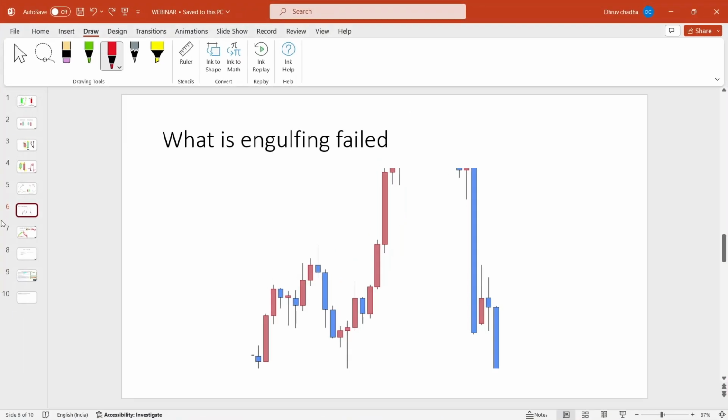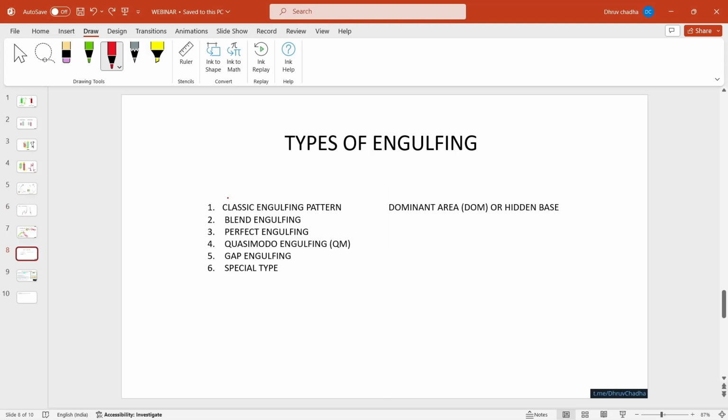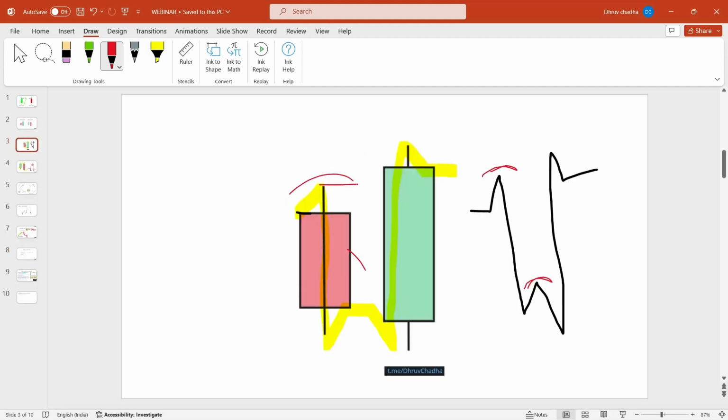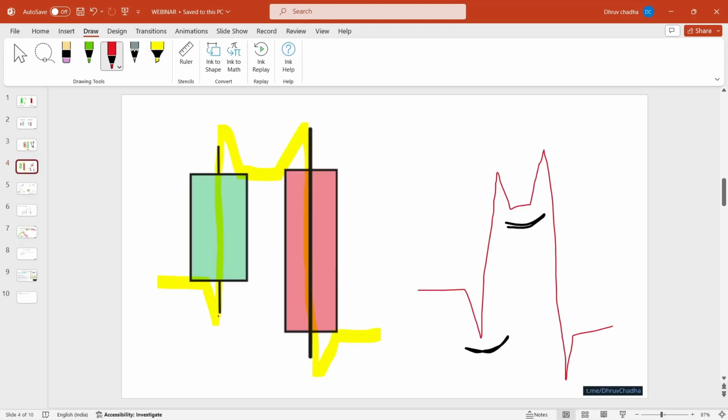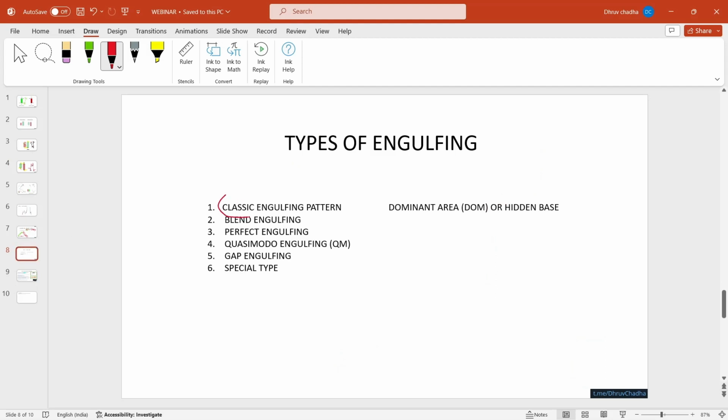For the classic engulfing pattern, we don't really have any requirements to meet. We just need a closer above the high of the previous bearish candle and a closer below the low of the bullish candle, right? There is no other requirement that is needed for a classic engulfing pattern.